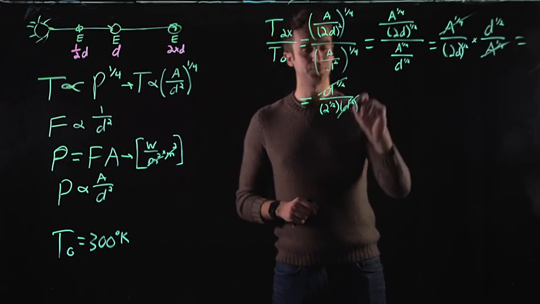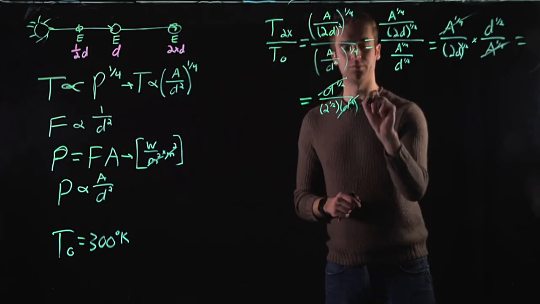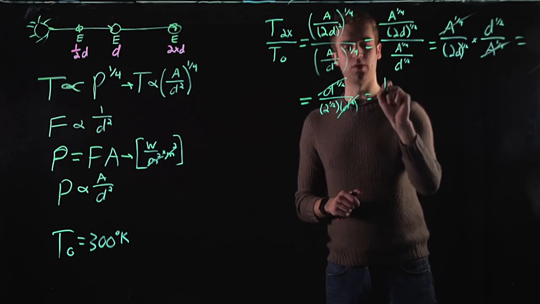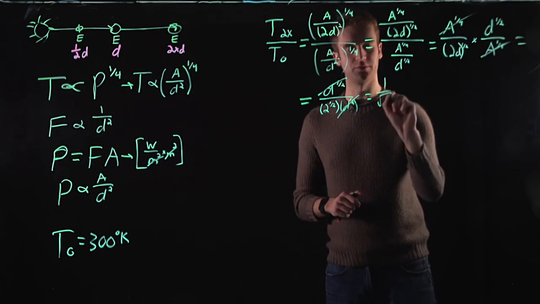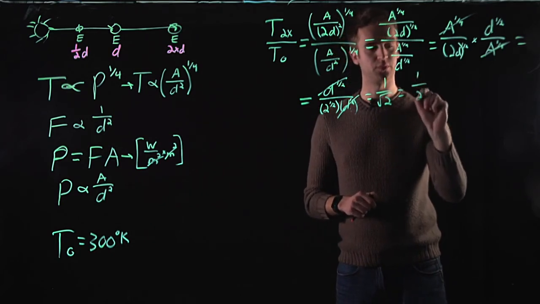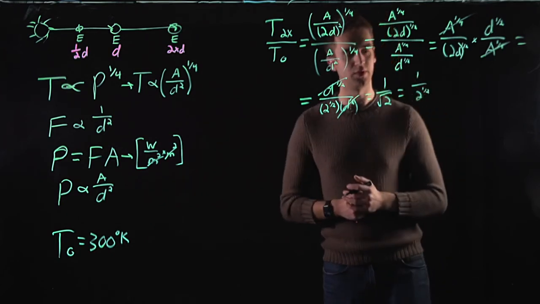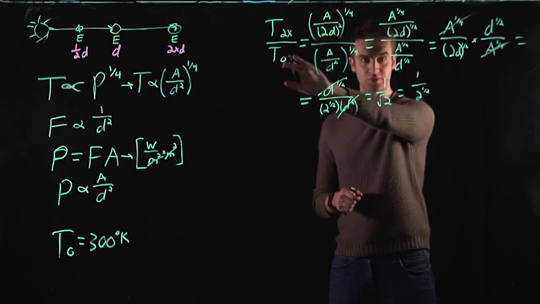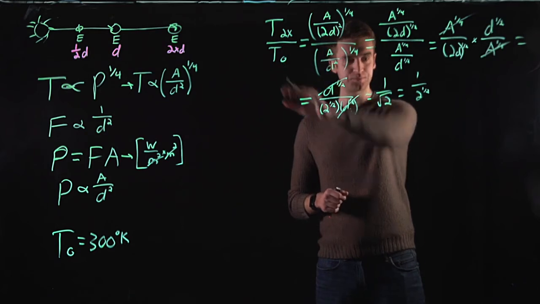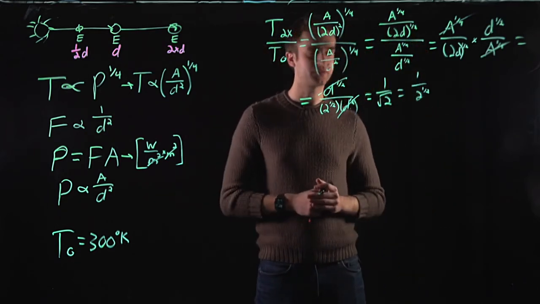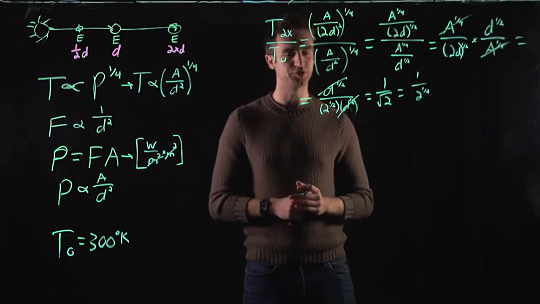The d's cancel, and we're left with 1 over the square root of 2, or 1 over 2 to the 1/2 power, right? Okay, so this ratio is constant. This scales linearly.